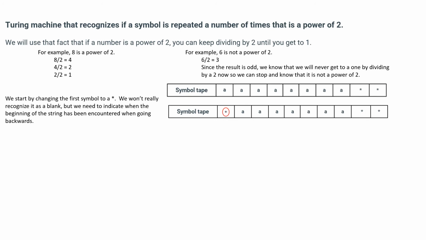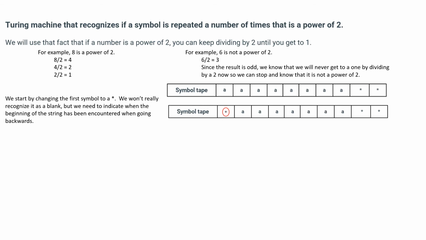So the first thing that we're going to do here is start by changing that first symbol to an asterisk. Now, usually an asterisk means a blank, but we're not going to recognize it as a blank in this. We just need to indicate the beginning of the string so that we don't keep having that head trying to go backwards. So we're just going to put this little asterisk there in the first slot as a bumper to say don't go past here.